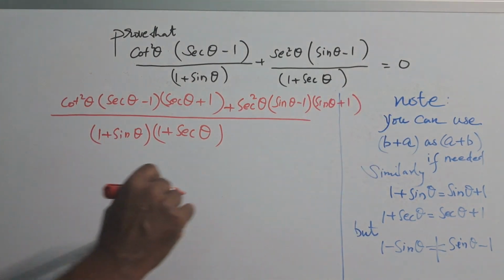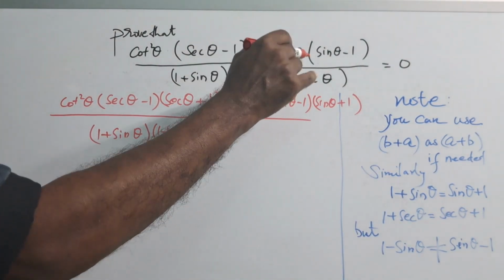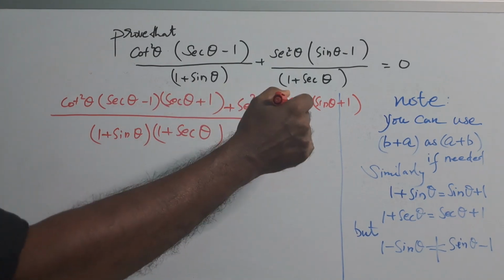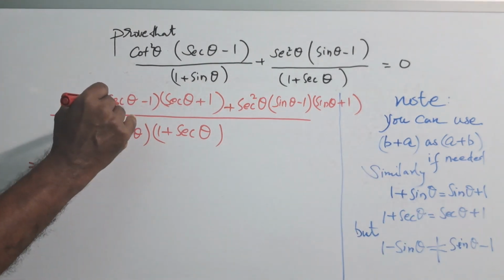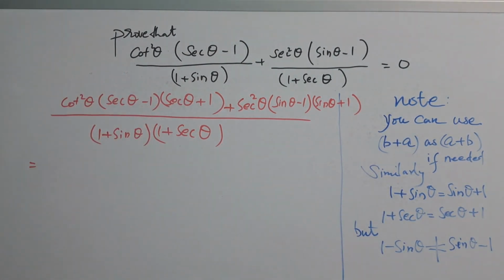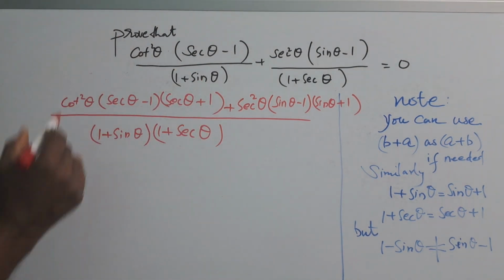When you divide the LCM by the second denominator, you get 1 plus sin theta, expressed as sin theta plus 1. Here, the two terms are in the form (x plus y) into (x minus y), which is x square minus y square.